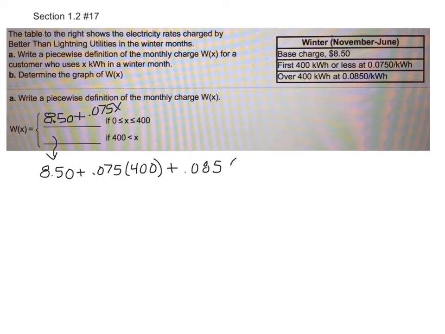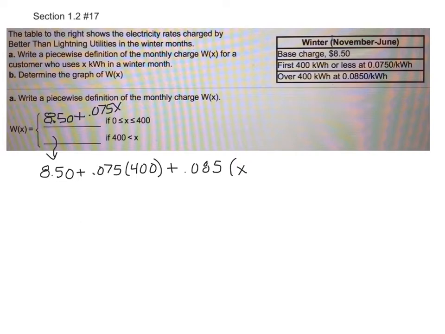But here's the trick. It's not just X anymore, because it's the amount of hours above 400 that are multiplied by the 0.085. So say you used 500 kilowatt hours.